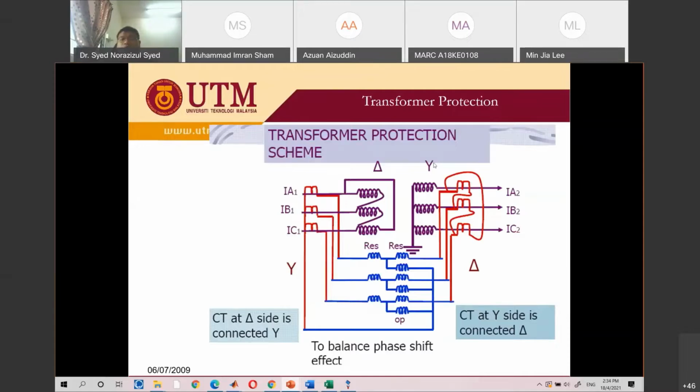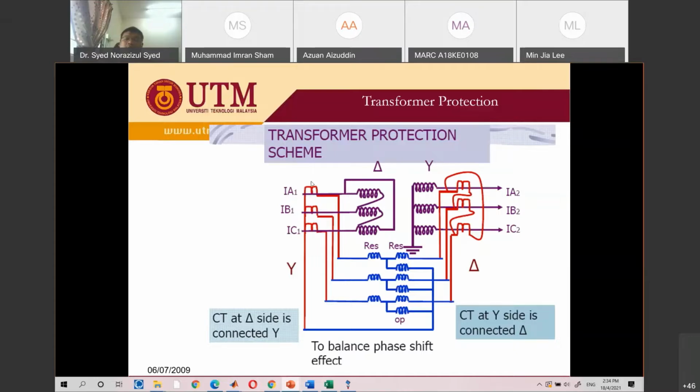For the delta we use a star, and for the star we use a delta connection here. Why? Because we need to correct the displacement angle between the star and delta.